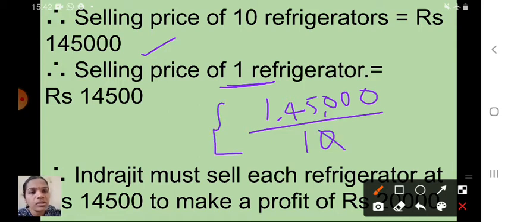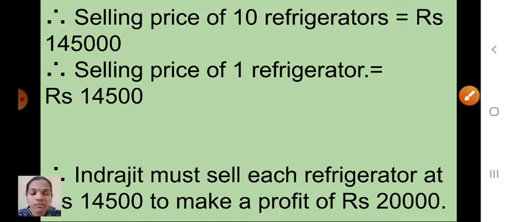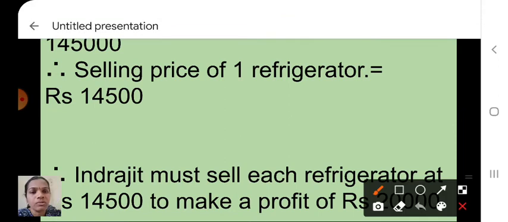Okay, this 0, 0 we can cut. So selling price of one refrigerator is what? Yes, 14,500. Okay, children. So Indrajit must sell each refrigerator at rupees 14,500 to make a profit of rupees 20,000.